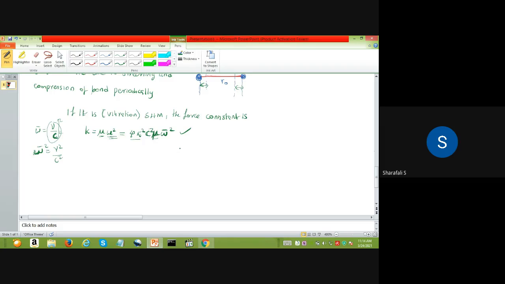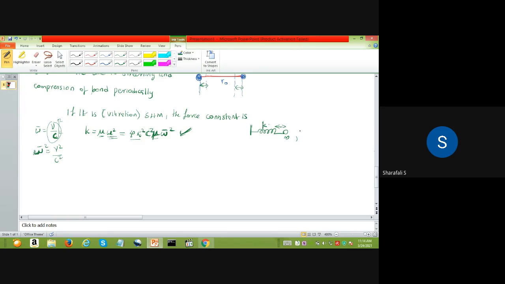Okay. And when that vibration happens, if it is simple harmonic motion, then we can use this particular force constant to express that motion. What is this force constant? If you have a spring attached to some mass m, and the spring is oscillating with simple harmonic motion, then the force constant associated with this spring is the k value.